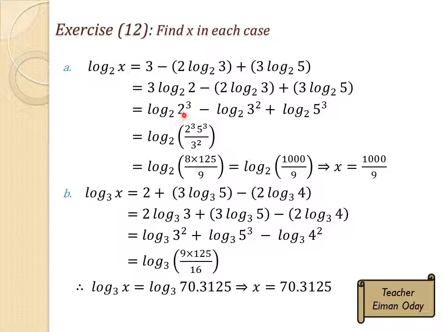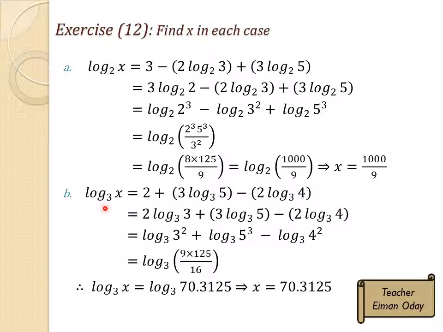Now 2 to the power 3, 3 to the power 2, and 5 to the power 3 will be collected together using the properties of logarithms into a single logarithm, to the base 2. 2 cubed is 8, 5 cubed is 125, and 3 squared is 9. When we multiply, this is 1000 over 9. Now the value of x is very easy to find because I have log base 2 of x equal to log base 2 of 1000 over 9. So x is 1000 over 9.